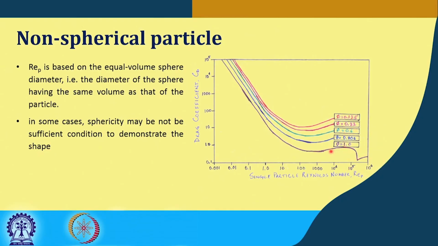Sphericity 1 means a perfect sphere, and as it deviates, the CD versus RE goes like this. The x axis is the single particle Reynolds number, and this is the CD. This is the schematic; the detailed values for different shapes can be found in the textbook mentioned in this course brochure.